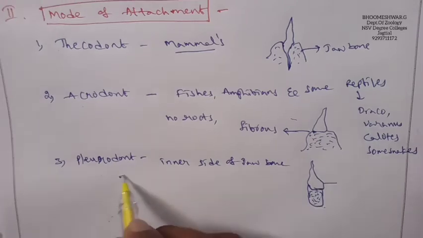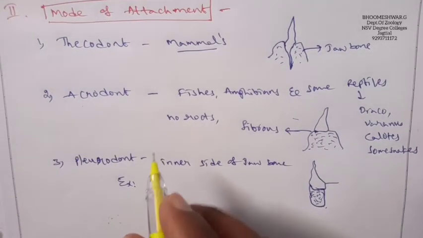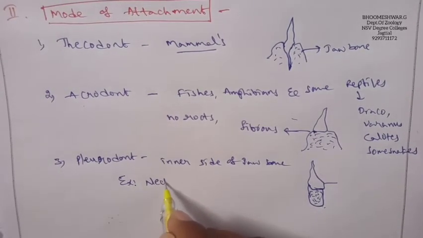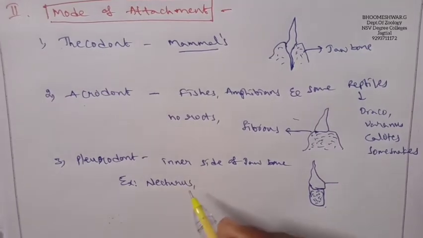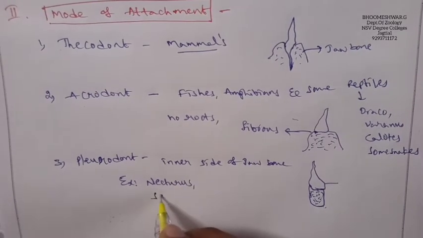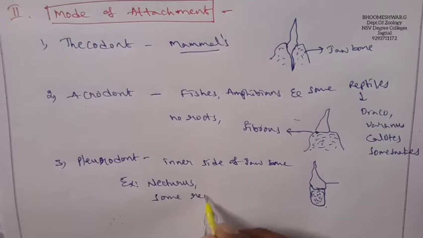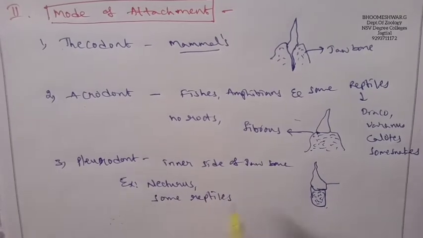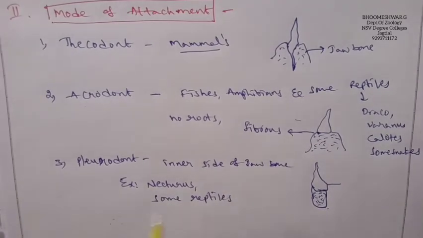A well-suited example for the Pleurodont condition is seen in Necturus, which is an amphibian, and some reptiles also show Pleurodont teeth. So Pleurodont teeth are attached to the inner side of the jawbone and touch the bone only with the outer surface of the root.